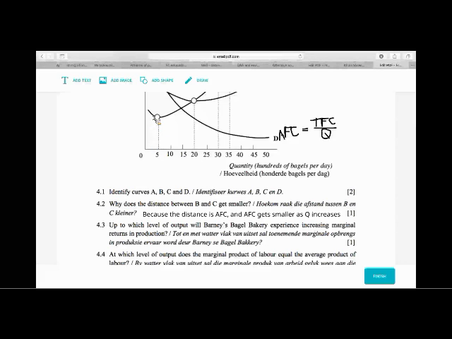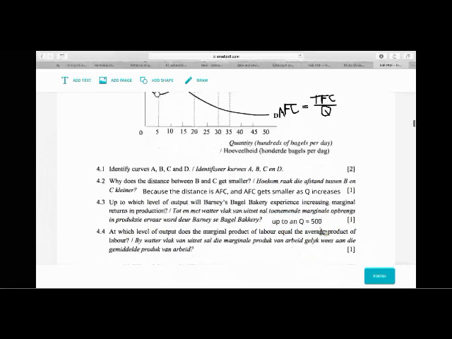So the outputs up to which marginal returns will be increasing will be up to an output of 500. And the reason why I say 500 is because the measure on the x-axis says that we're measuring in hundreds of bagels per day. So the answer is 500.